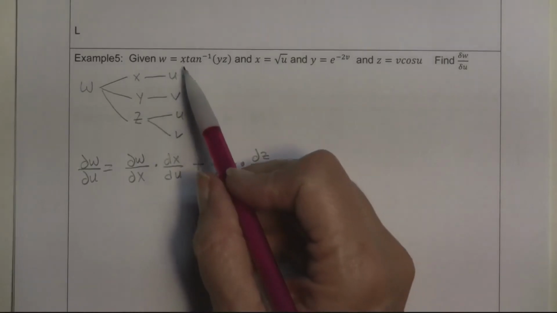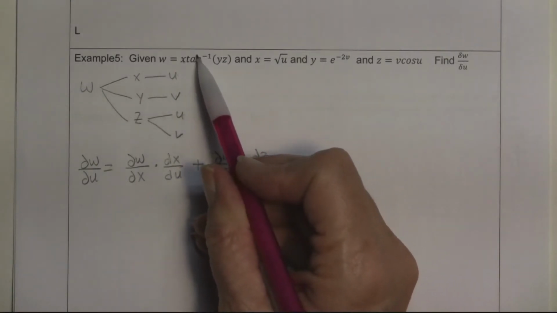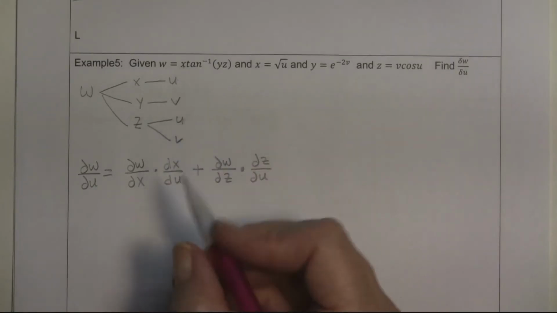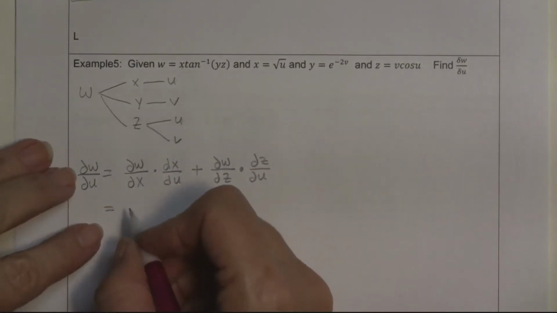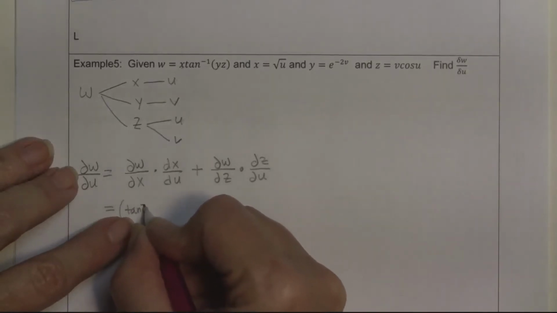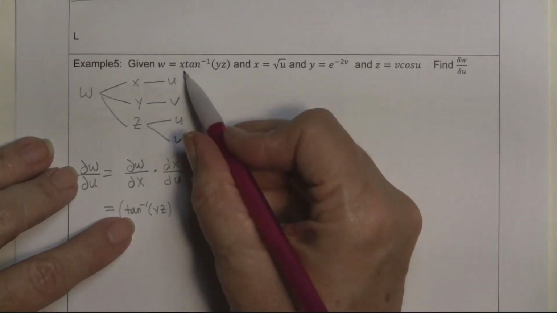Okay, so I'm looking here. Here's x. The arctangent of yz, that's a constant. And I'm trying to take the derivative with respect to x. So this is going to be equal to, I like to write my constant first. So this is my constant. And then I'm going to take the derivative of x, which is 1.